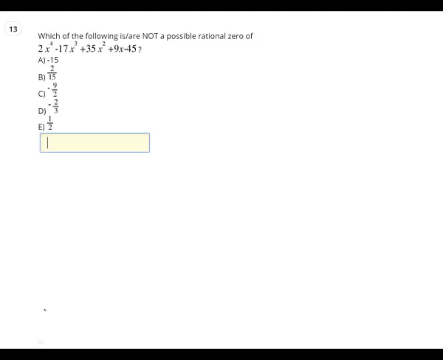All right. Which of the following is or are not possible rational zeros? So remember, this is the P and Q thing. The best thing to do is make the list and then go back to the question. So where do the P's come from? The first number or the last number? The last number. So the P's are coming from the 45. So what times what is 45? 1 and 45 is a good place to start.